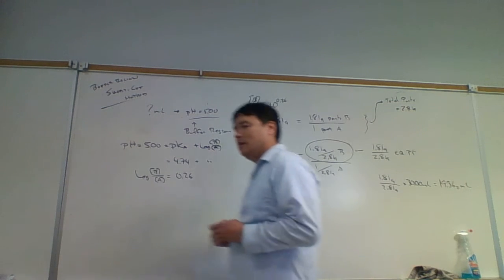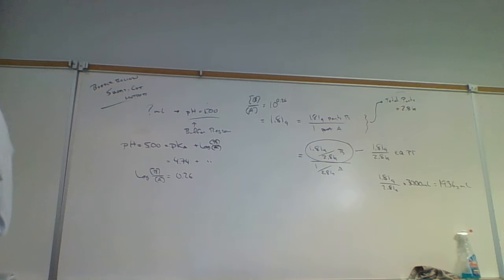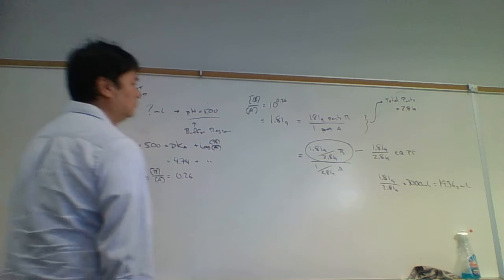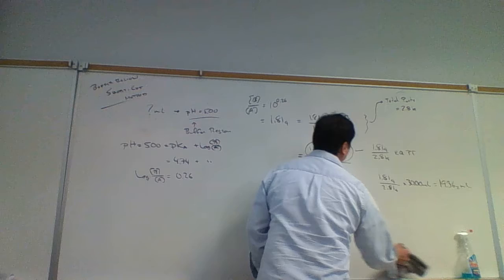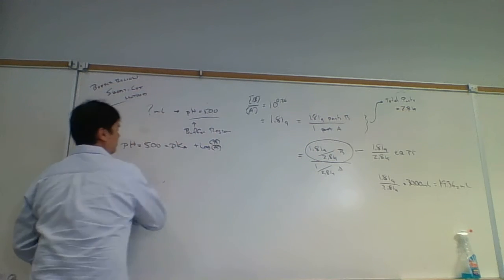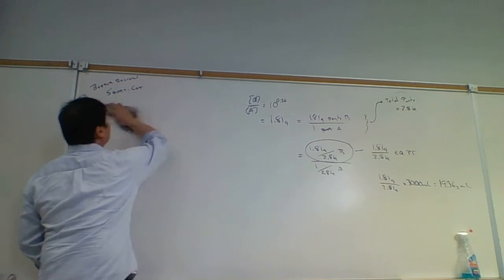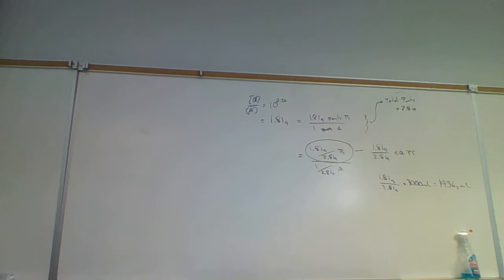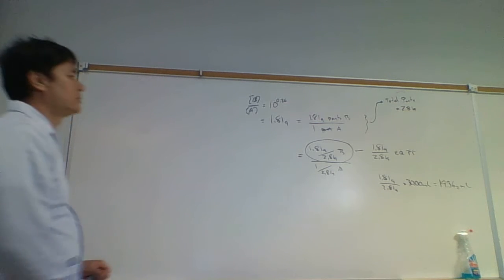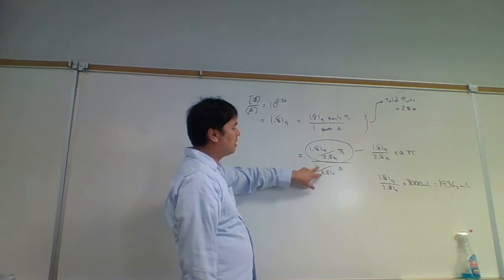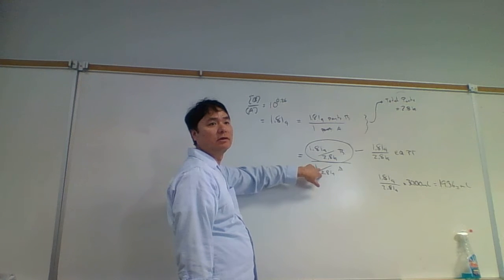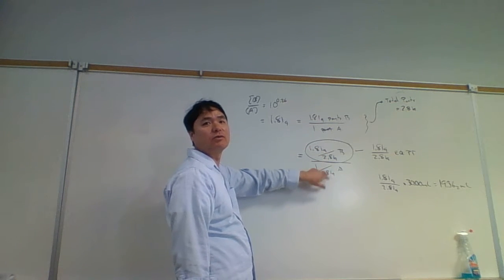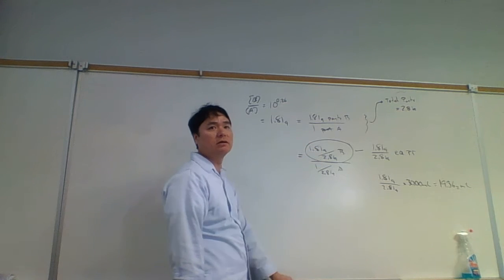And so at 19.36 milliliters, we should hit 5.00 for pH. So in other words, the numerator is the amount reacted, the denominator here is the amount unreacted. And the fraction reacted, the fraction unreacted. The equivalence point is what fraction is reacted.